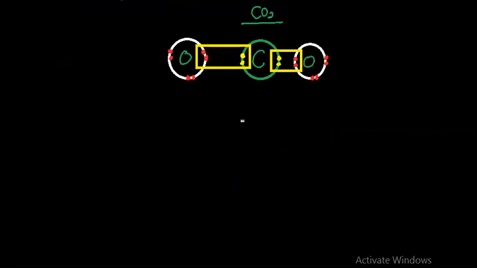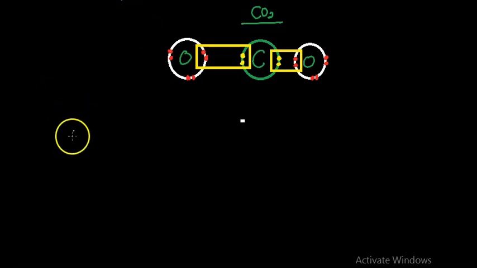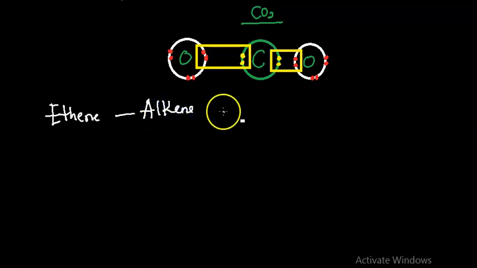Let's take an example with ethene. Since ethene has the suffix ENE, this simply indicates that it's an alkene. The molecular formula is going to be C2H4.